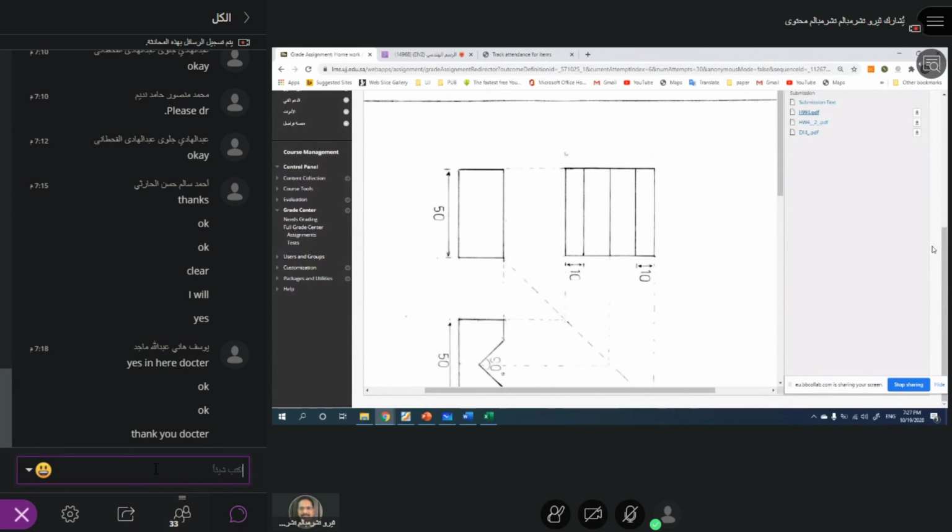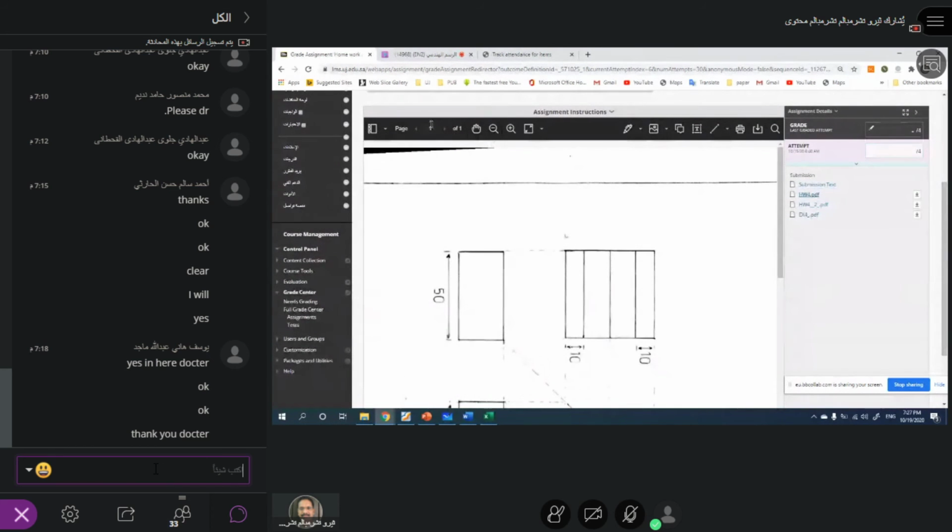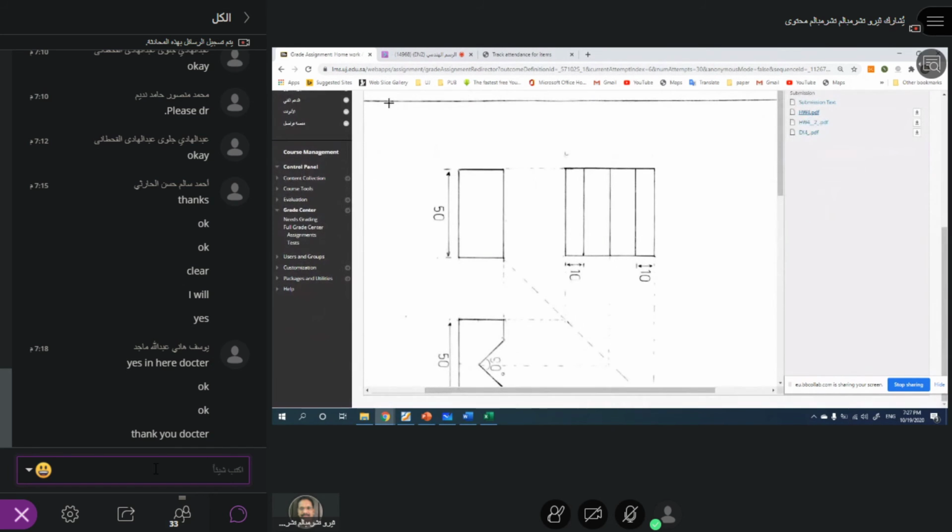Only thing he missed is the hidden line. Great. I would like to show him, this is excellent. Only thing is he has to draw the hidden line.